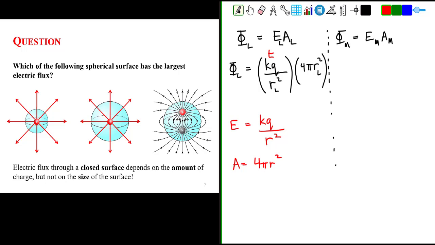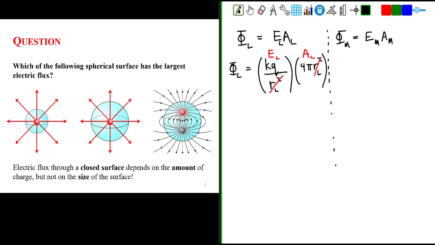Again, this is the electric field, and this is the area. Oh, look at this. We have a radius squared in the denominator, a radius squared in the numerator. Okay, so let's take a look at this. I'm going to just erase this for now.